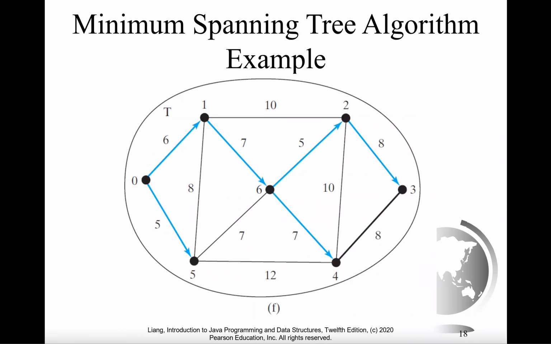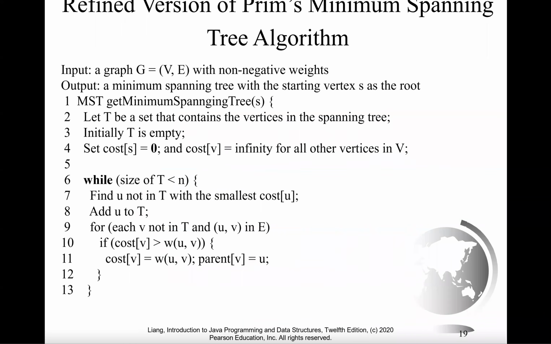Let's revise Prim's algorithm to make it easy to implement. So what I'm going to do is to get more details now. This time, we're going to start from the source vertex S and let T be a set that contains the vertices in the spanning tree. Initially, T is empty.